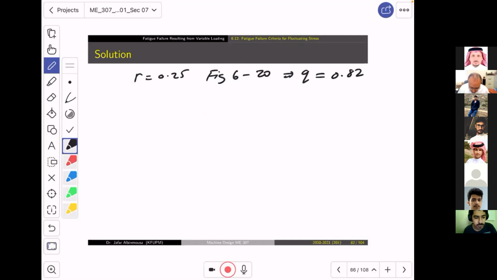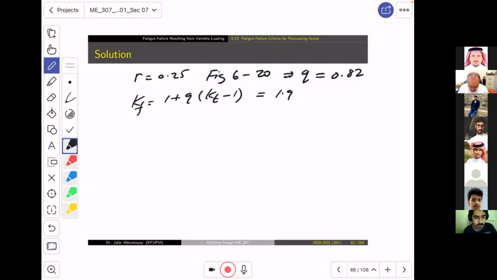Now, if I do this, I can find Kf, which is equal to 1 plus Q multiplied by Kt minus 1. So this is going to be equal to 1.9. Good? Now, I found for the fillet what the fatigue stress concentration factor is.